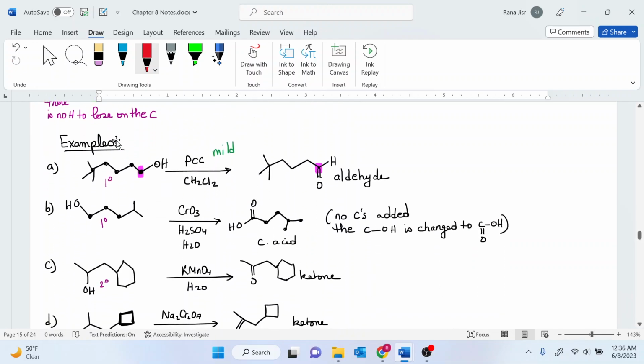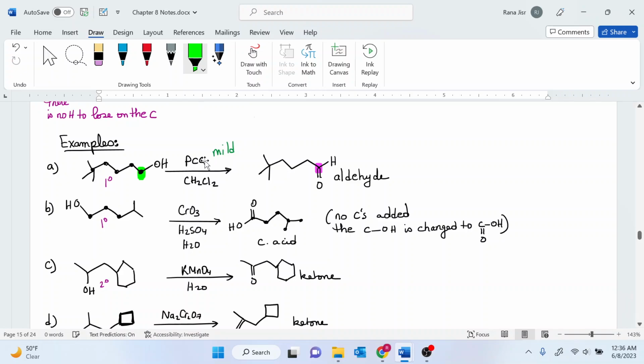Let's have an example in here. So primary alcohols, this is a mild oxidizing agent. We are not adding carbons in these reactions. So you need to locate your carbon that has the OH, and then check what type of carbon this is. This is a primary carbon.